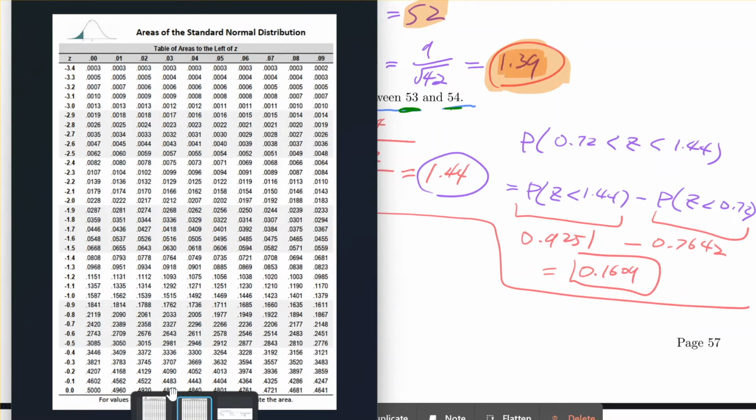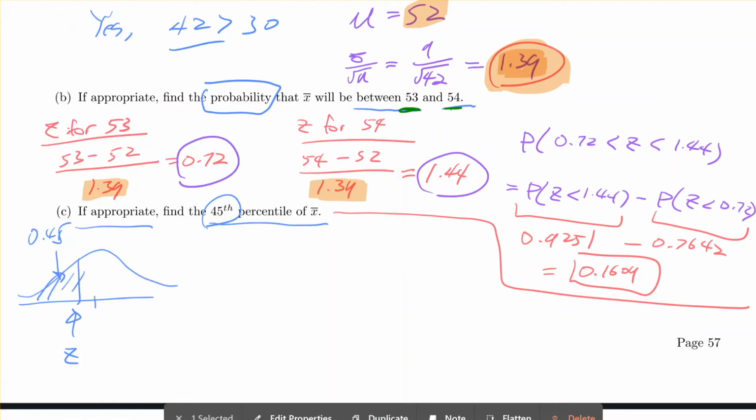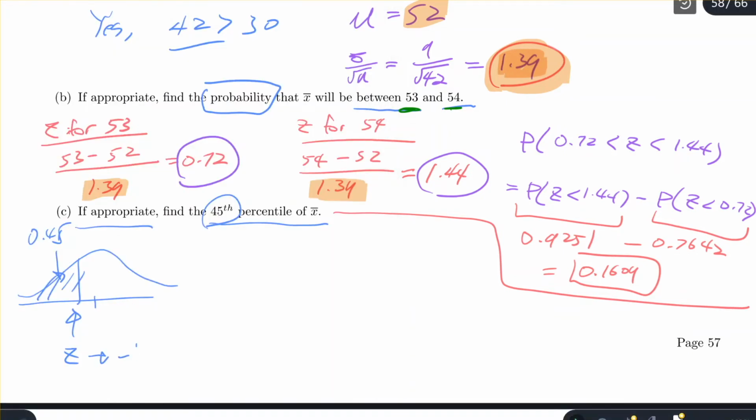Wait, is this closer? Let's see. Yeah, negative 0.13 is the corresponding z-score.